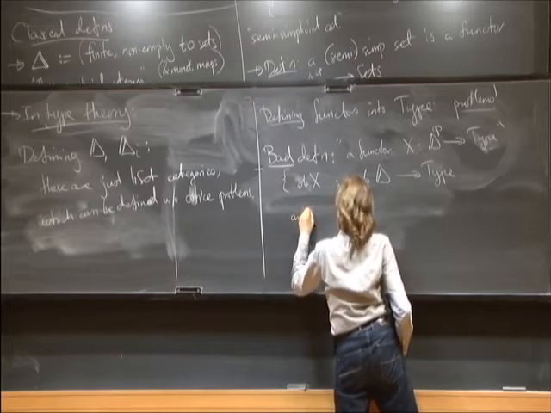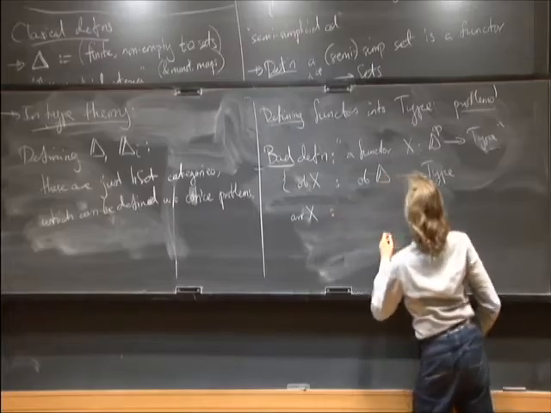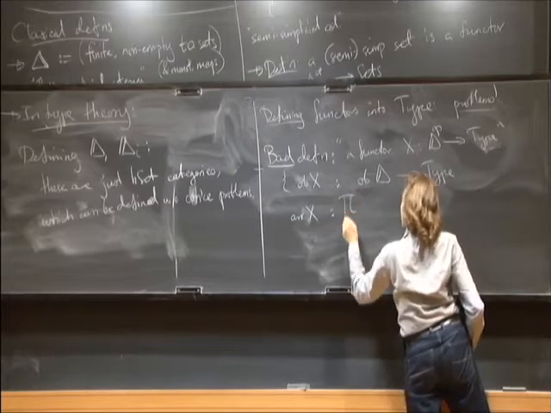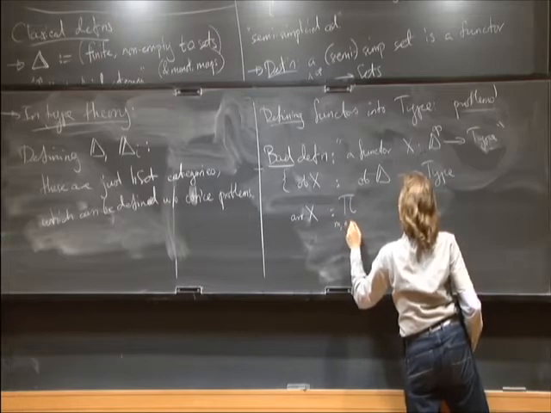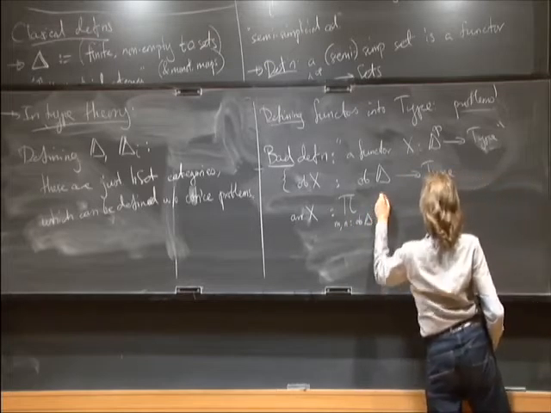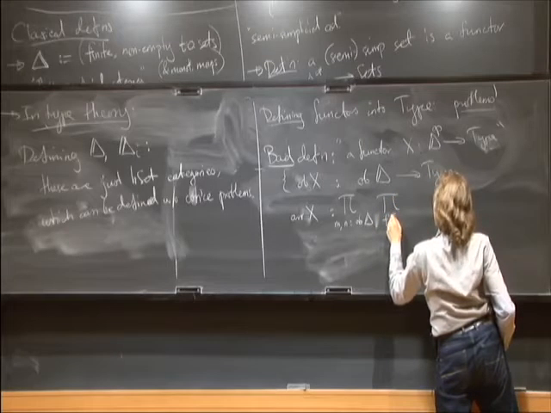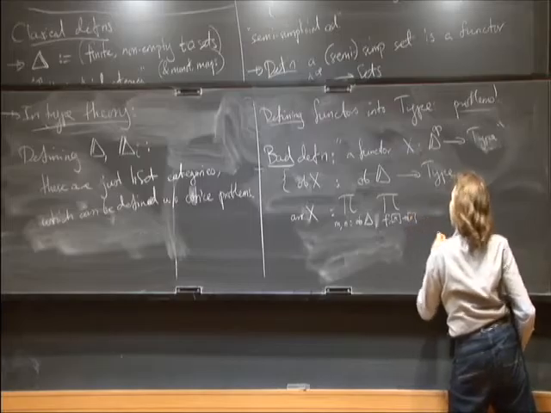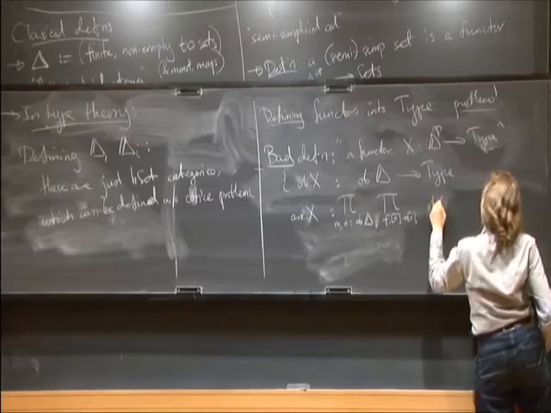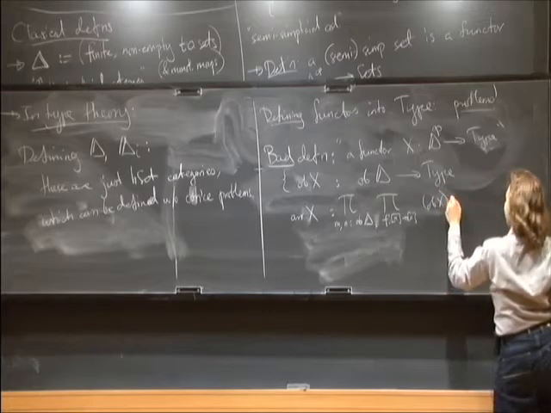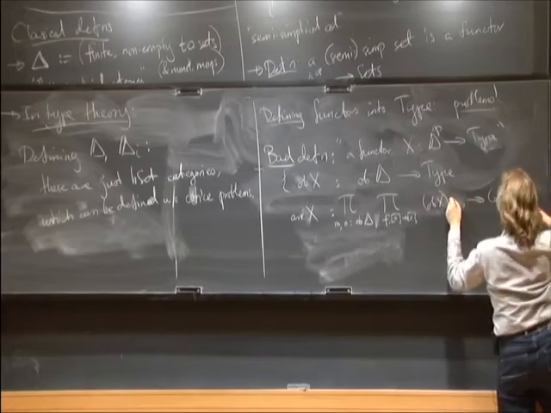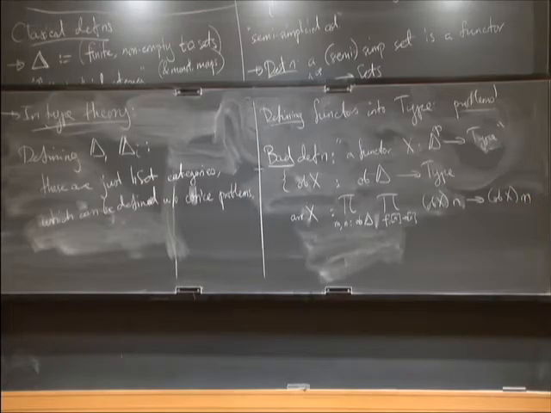Then we want an action on arrows, saying that for all m and n in the objects of delta, and for every function from m to n, we want a map from objects of x at n to x at m, the other way around. I'm really sorry, I'm in a very covariant mood today.